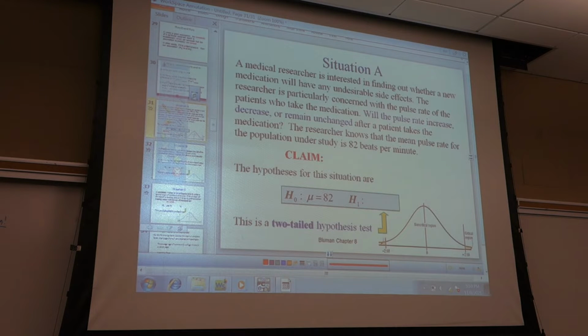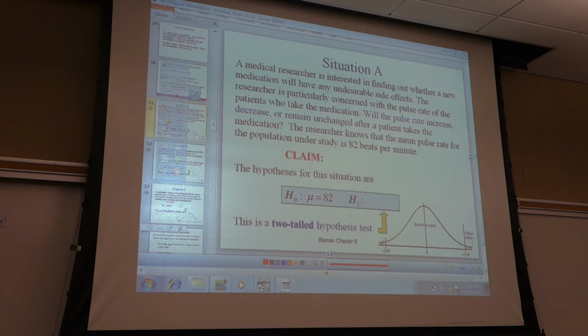Will the pulse rate increase, decrease, or remain unchanged after the patient takes the medication? The researcher knows that the mean pulse rate for the population under study is 82 beats per minute. Perfect, thank you.